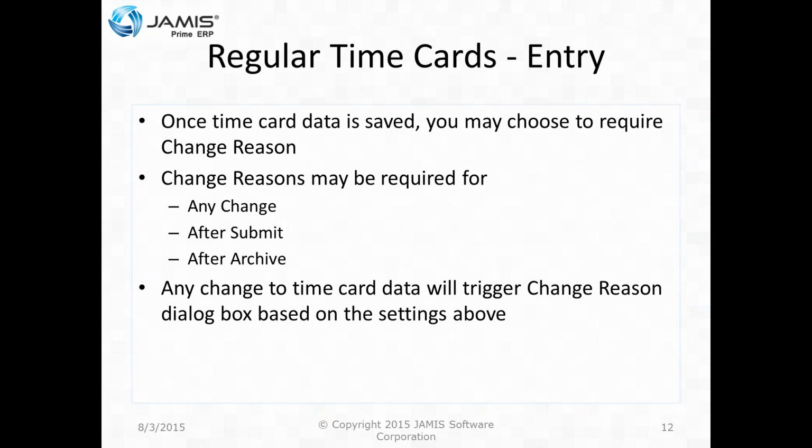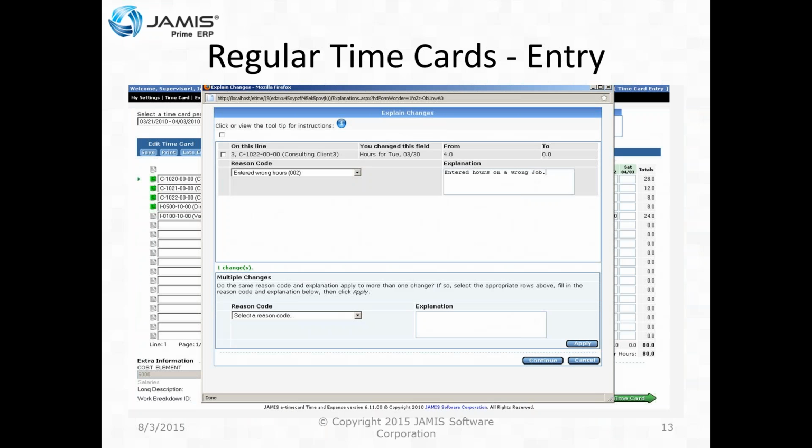It will trigger a change reason dialog box that you have to fill out, and this is what it will look like. It just wants you to explain the changes. Why did you change that particular line? In this case, it said I entered the wrong hours, went against the wrong job, whatever it happens to be. But this way, it's creating a very robust audit trail for any changes that were made to your time card after saving.